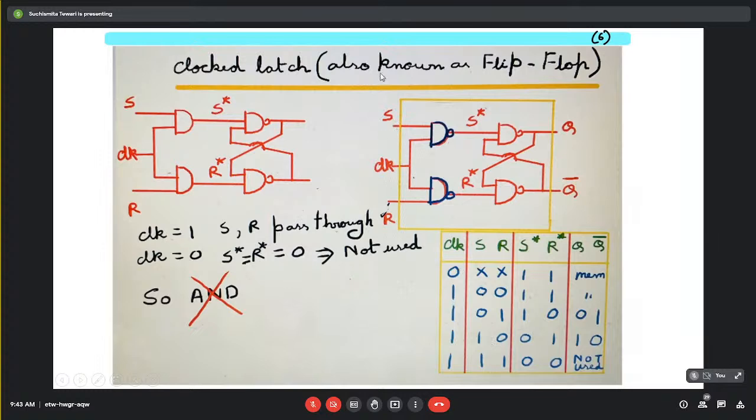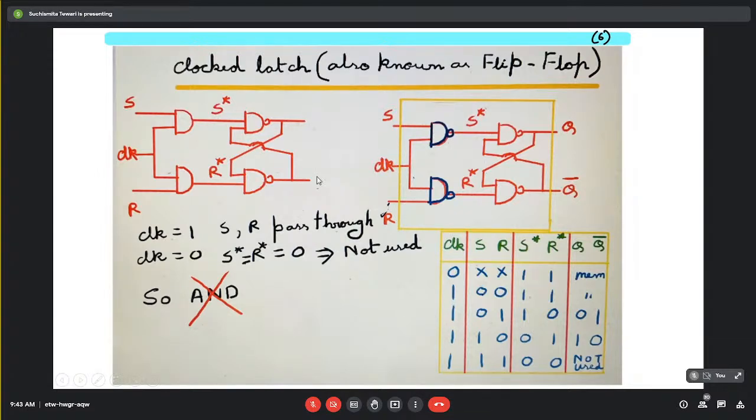Here S and R are actually living up to their nomenclature, set and reset. When the set input is high, at the output I am achieving a set condition. When the set input is low, at the output I am achieving the reset condition. So this works like that. That is one of the reasons why we are proceeding with the NAND gate based latch.